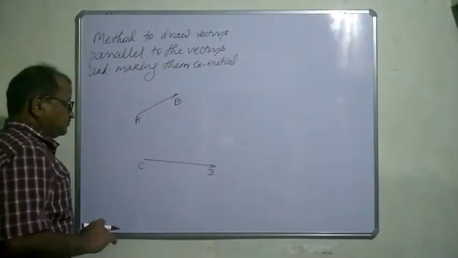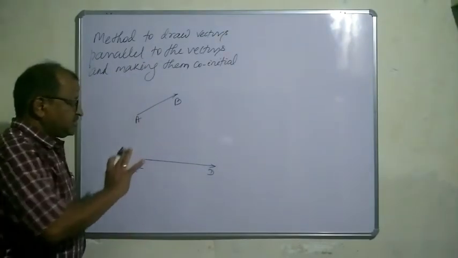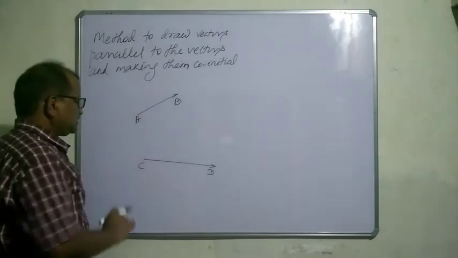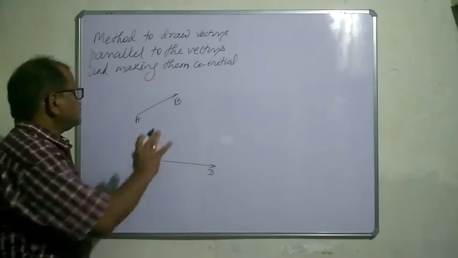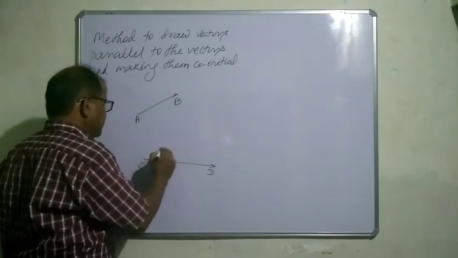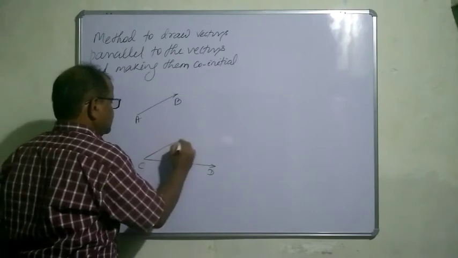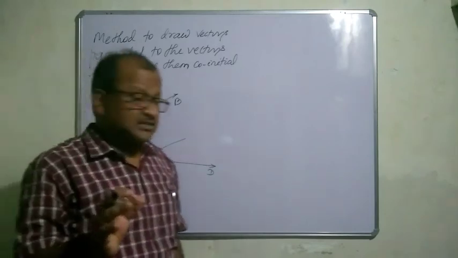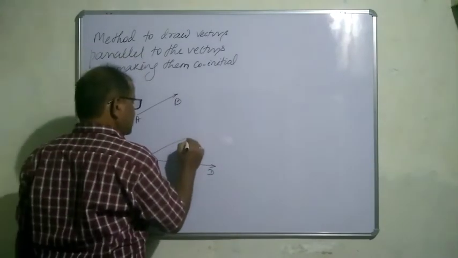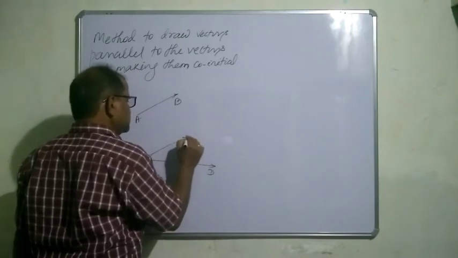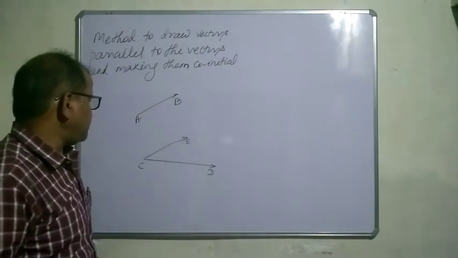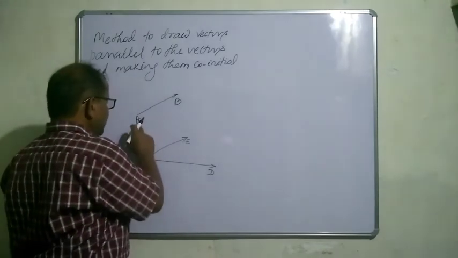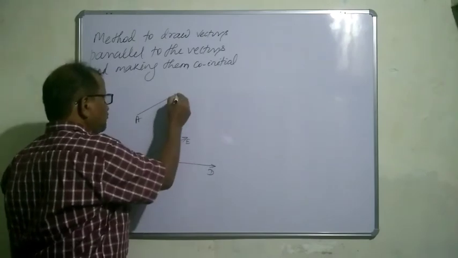Now you see, I want to make these two vectors co-initial. How? Let us draw a vector CE parallel to AB. Suppose this is a ray parallel to AB, so that A, C, B are coplanar.